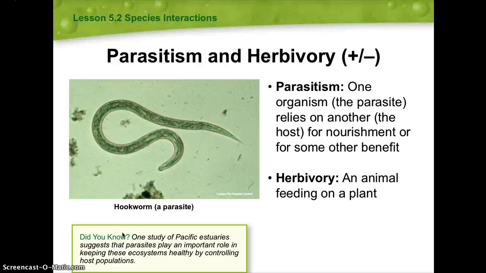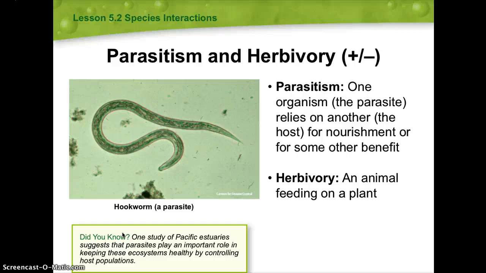Now, in most parasitic relationships, the host organism is not killed off because that would be detrimental to the parasite itself. But in some cases, we do see that happening. Herbivory is when an animal is feeding on a plant. So that's a situation where the animal would benefit, and the plant would be negatively harmed. In the picture there, we have a hookworm, which is a really cool parasite.